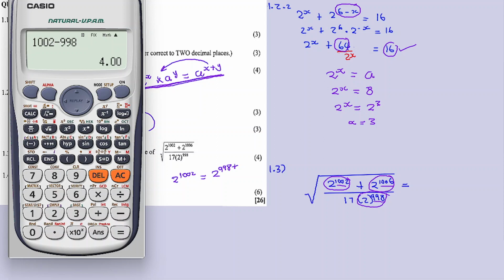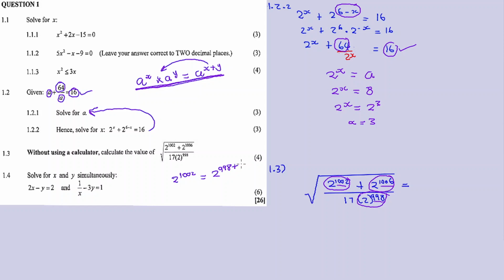It is equal to 4. So therefore this 1002 I can rewrite as 998 plus 4, right? The aim is to have 998 in the exponent, so that when I bring it back I will be able to get 998 and some exponent.